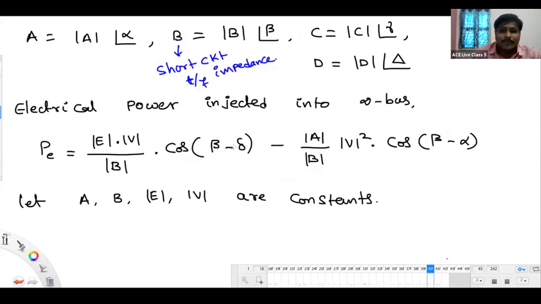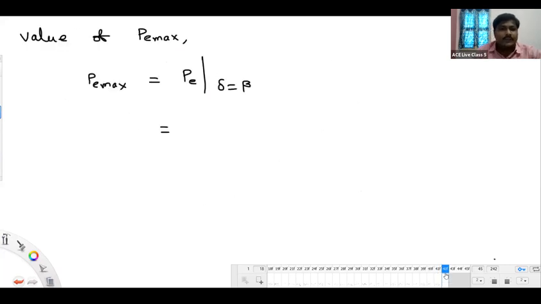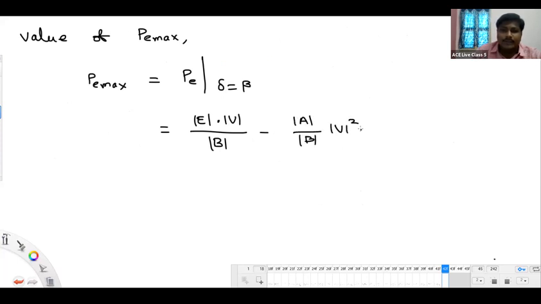If you keep beta in place of delta, cos of beta minus beta is cos 0, which is 1. So the first term is |E||V|/|B| cos 0, which is 1, minus |A|/|B|^2 cos(beta minus alpha). This is PE maximum.